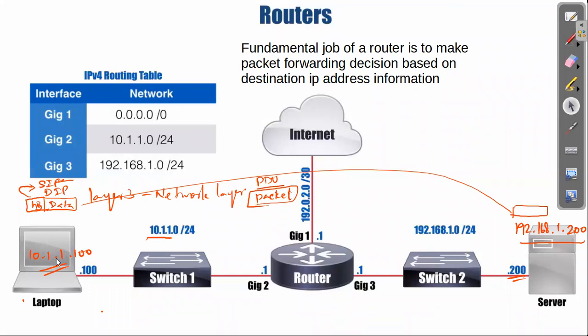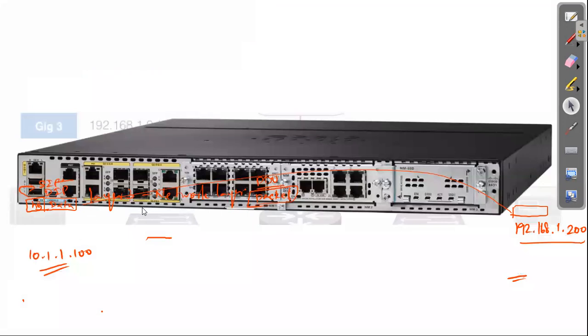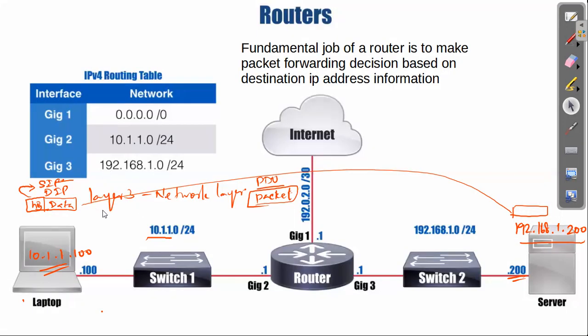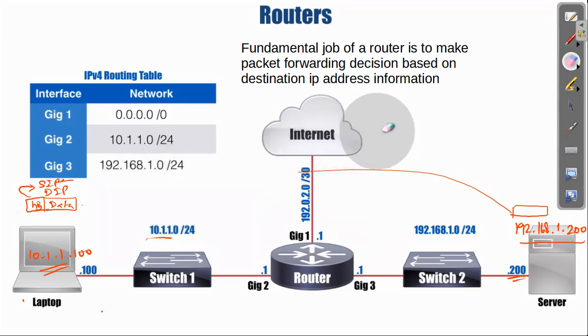The source IP is known and the destination IP is known, so it can create the packet. Watch carefully. The packet will be created, so you can identify how the packet or data is traveling through the network.